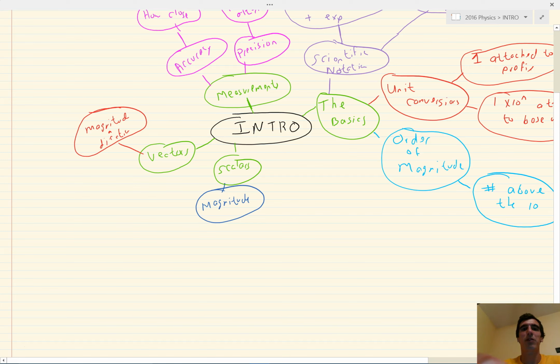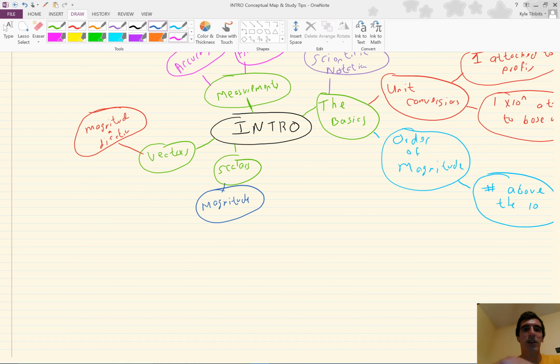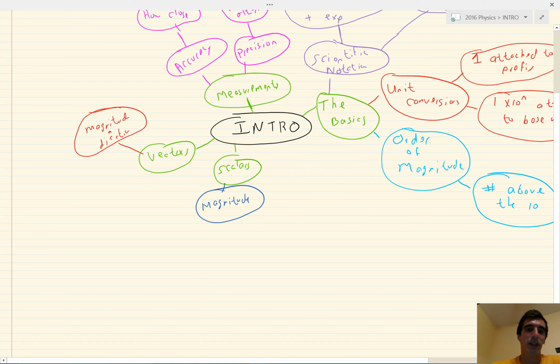So far we've learned a few vectors and scalars. We could add those to it if we'd like. We've learned that velocity is a vector, and acceleration is a vector, as well as displacement.